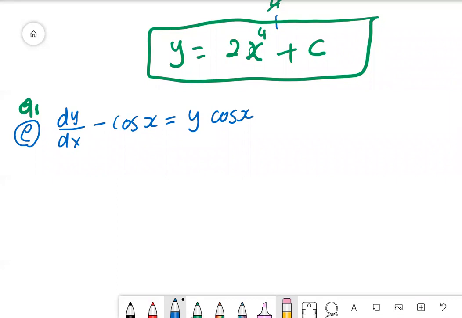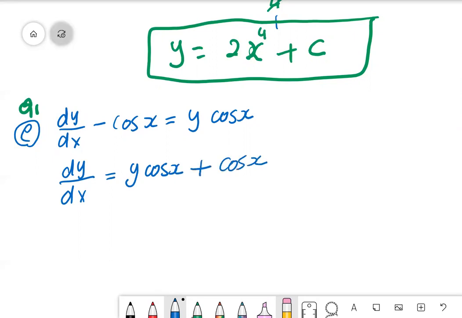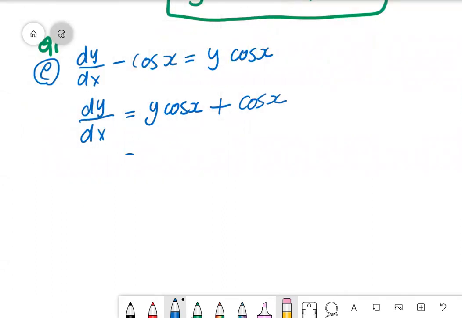As you can see here, we have minus cosine x on the left side, so we'll move this to the other side. So this is going to be dy over dx equals y cosine x plus cosine x. And I can take cosine x as a common factor. So dy over dx equals cosine x times (y plus 1).